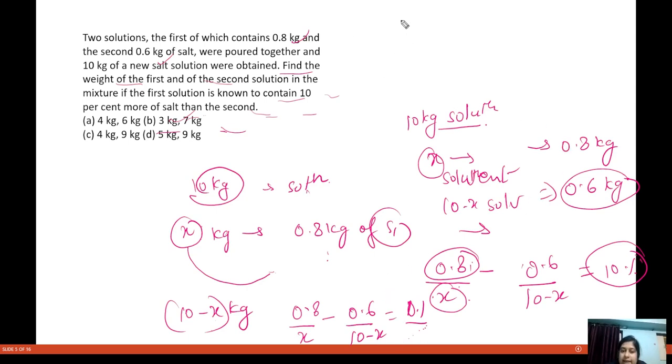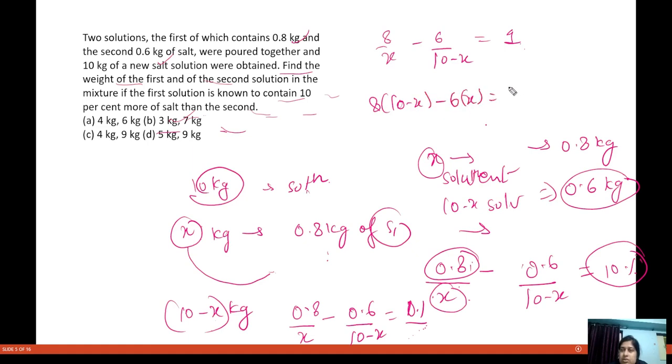Obviously we can multiply by 10 here, so we get 8 by x minus 6 by 10 minus x, and this will be equal to 1. This will definitely be a quadratic equation, so let's solve this. We have 8 times 10 minus x, minus 6x, equals x times 10 minus x.